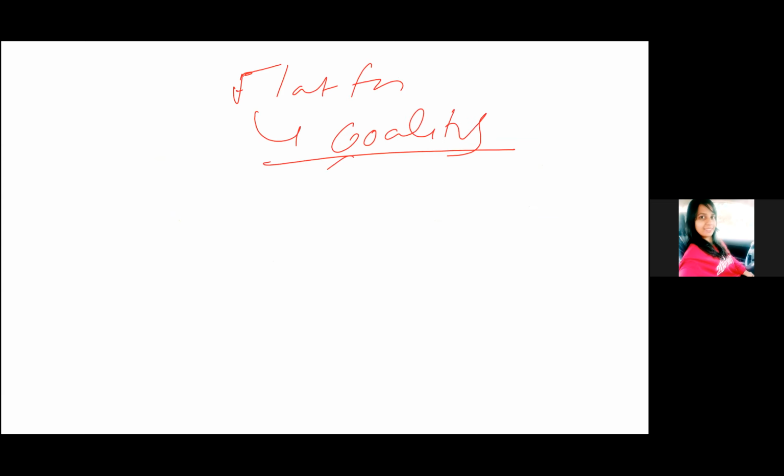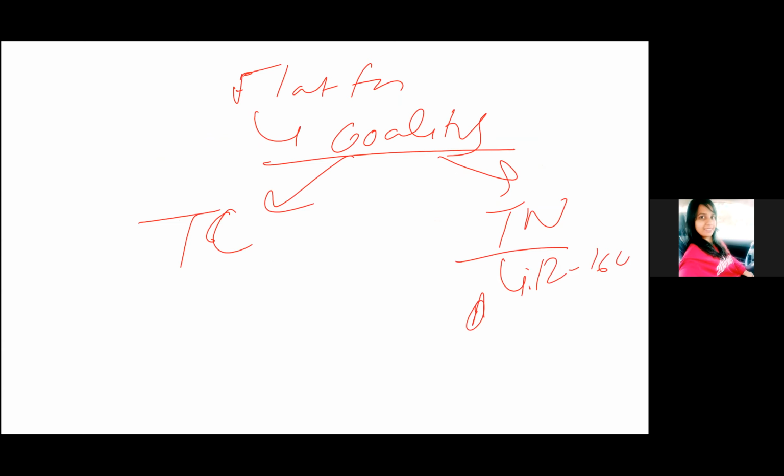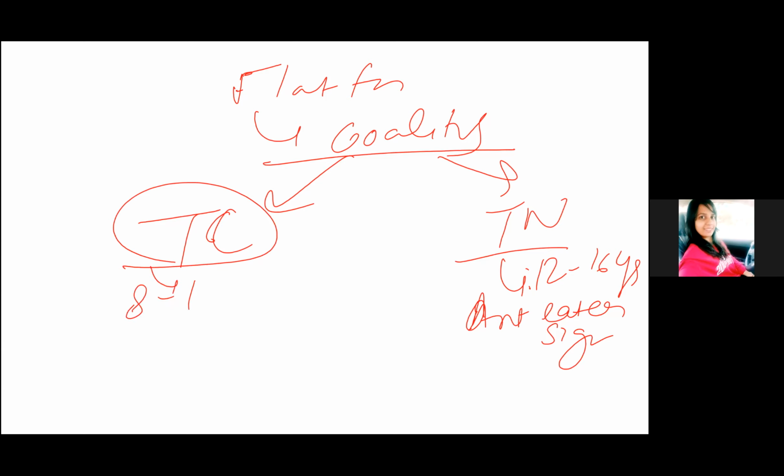Then the reasons for flat foot may be coalitions. Coalitions are of two types: the talocalcaneal and talonavicular. In the talonavicular, at 12 to 16 years, you will see the anteater sign, and in the talocalcaneal, at 8 to 12 years, you will see the C sign, you will see breakage of the Cyma line.